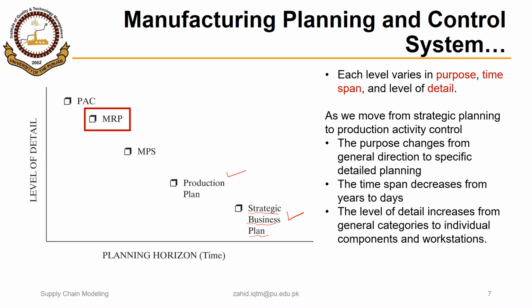So MPS is somewhere in the middle in this production planning and control hierarchy. In MRP, we of course have a higher level of detail because we are talking about components and raw materials, and the planning horizon is relatively shorter than MPS.